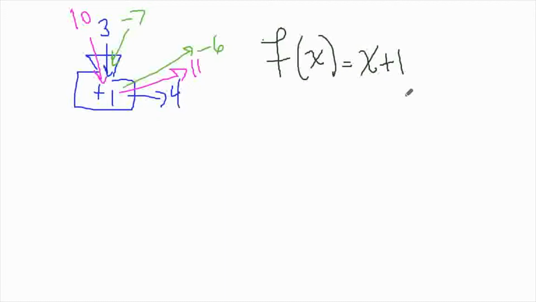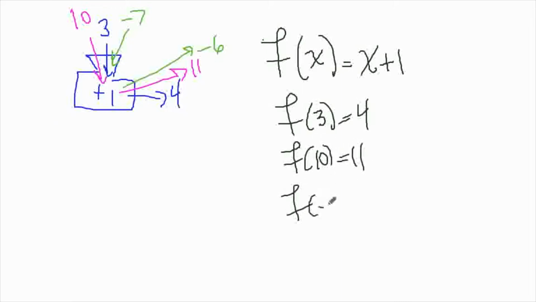So this is the way that I would represent that function I just worked with. If I was to drop a 3 into the machine, I would represent that by putting a 3 in parentheses like this, and then that would spit out a 4. The 10 would spit out an 11. The -7 would spit out a -6.